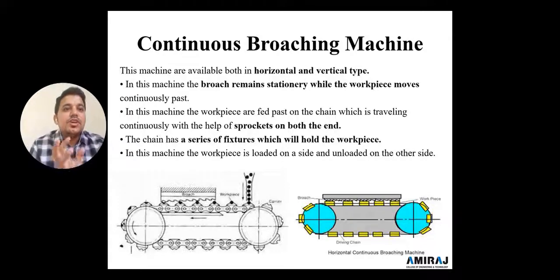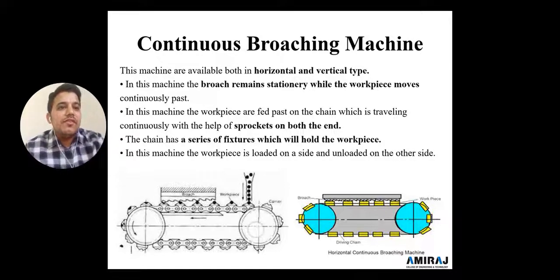In this machine, the broach remains stationary while the workpiece moves along a continuous path. So here the broach is fixed, you can observe. In this machine, workpieces are fed and passed onto the chain in a travelling manner.